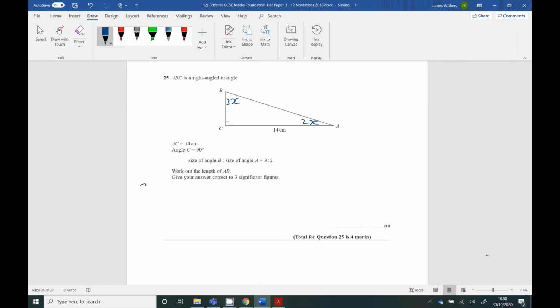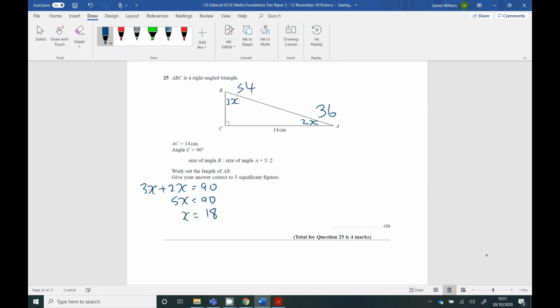So 3x plus 2x equals 90 degrees. So 5x equals 90, so x equals 90 divided by 5, which is 18. So this angle here must be 2 lots of 18, which is 36 degrees. And this angle here must be 3 lots of 18, which is 54 degrees.